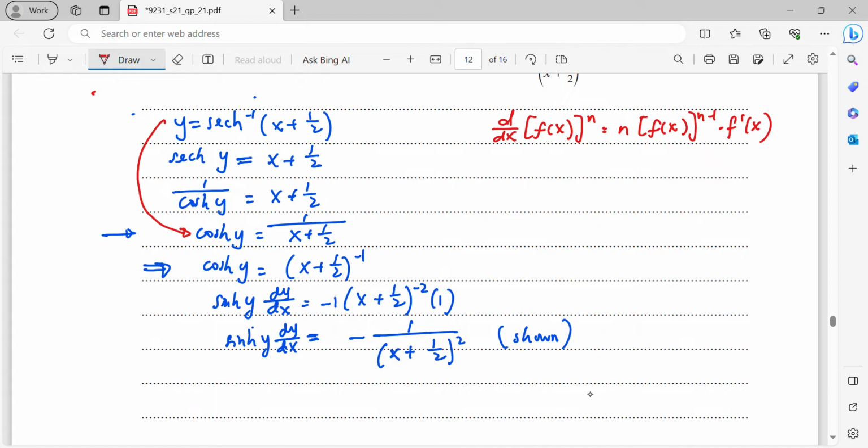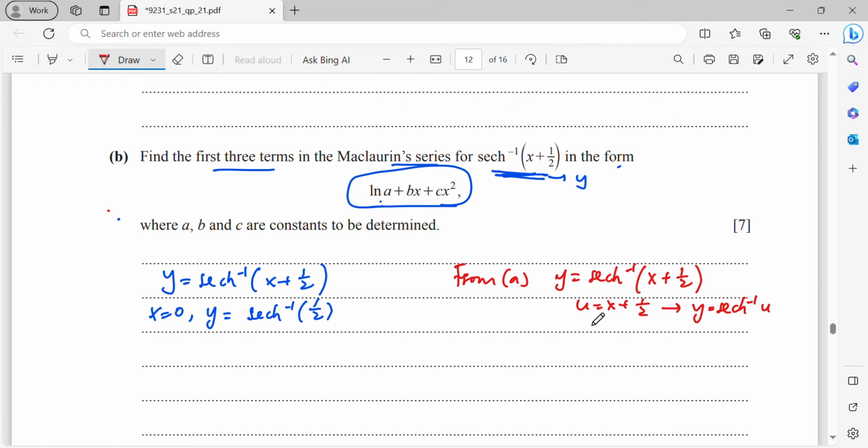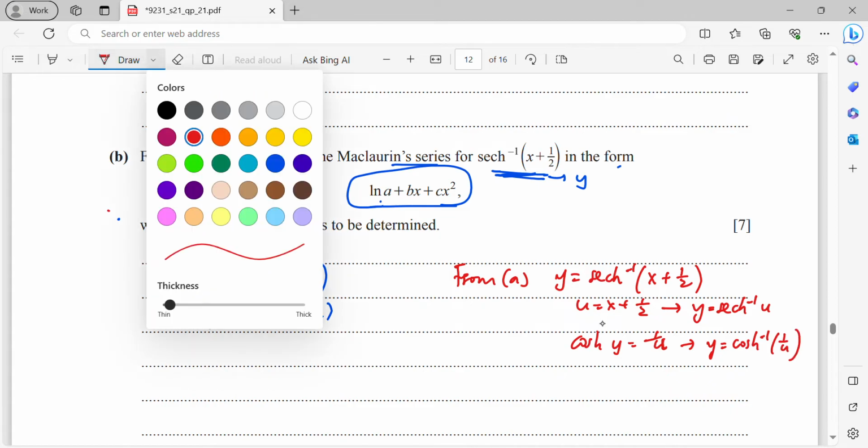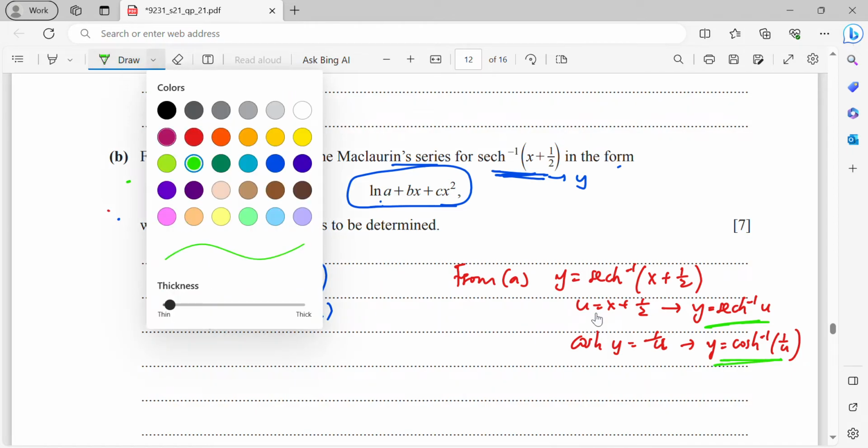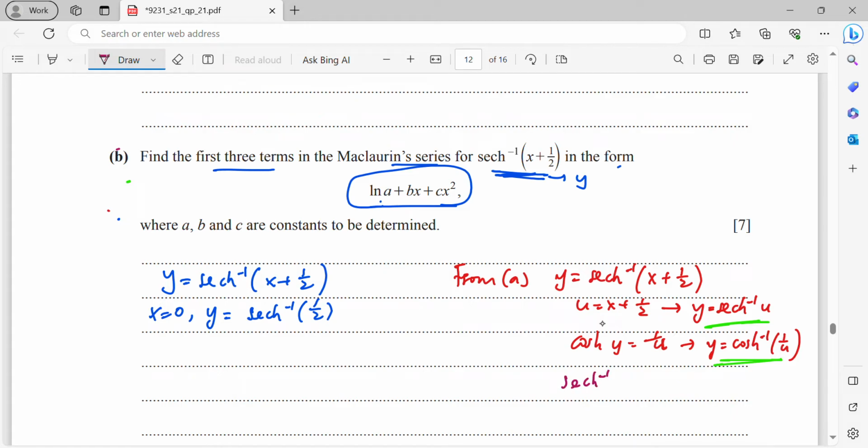It becomes cos y equals to 1 over u based on this. Therefore from here my y is inverse cos 1 over u. But when you refer to these two forms, both are y, which means I get an important result: inverse hyperbolic secant u is inverse hyperbolic cos 1 over u.